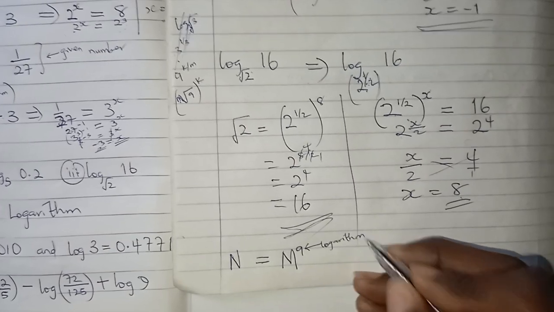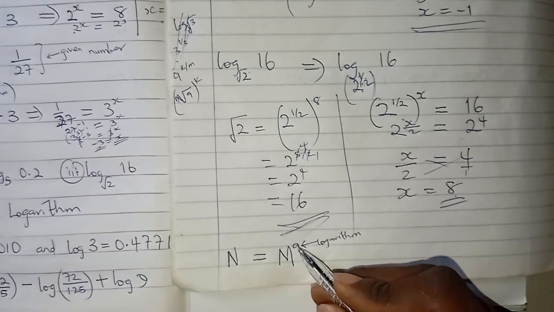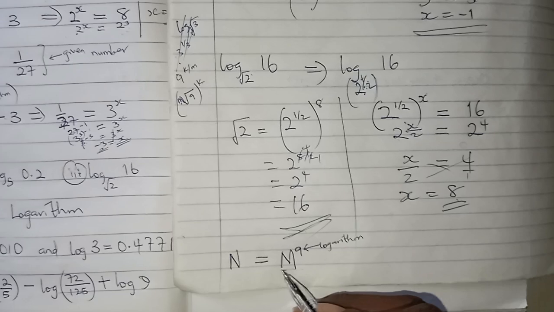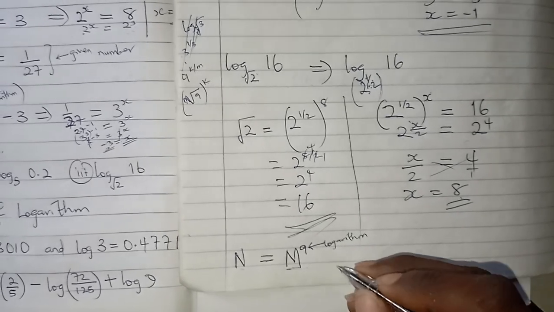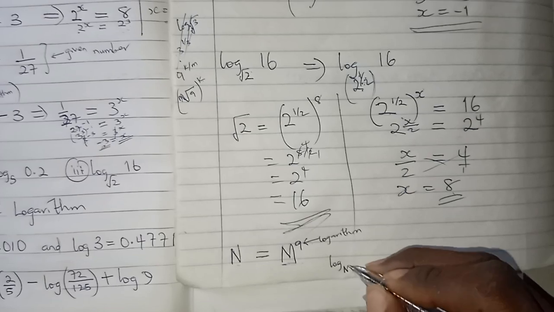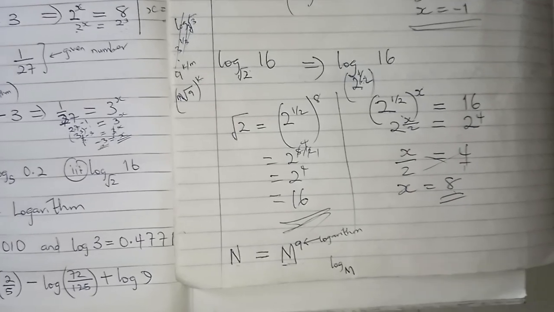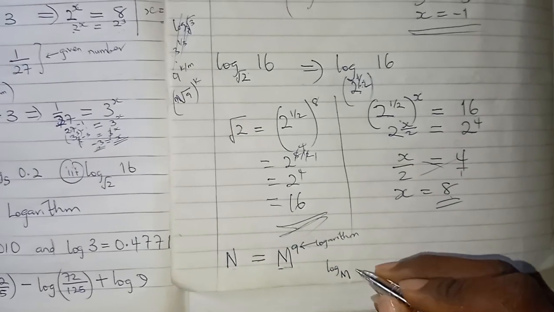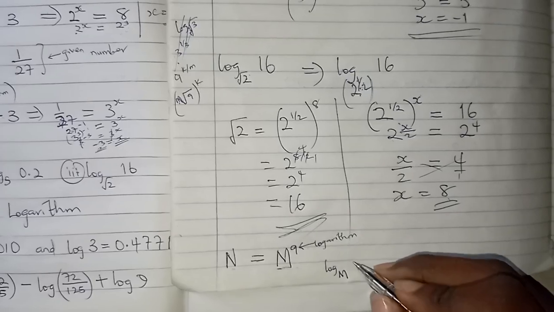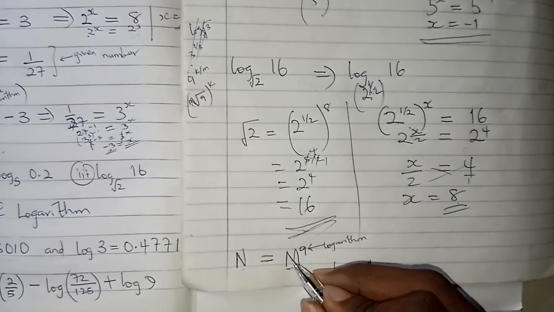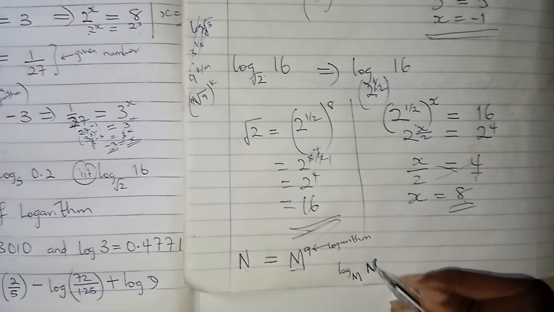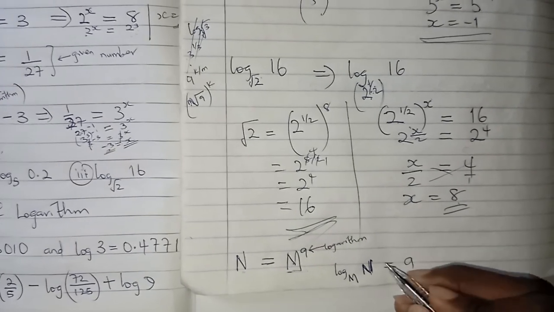That is the power that must be added to the base to get this. So if I have n equals to m to the power a, it is the same thing as saying log n to base m must equal a.